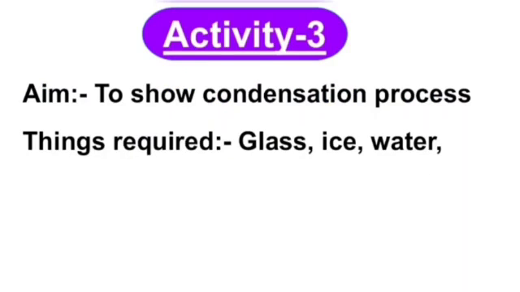Activity 3. The aim of this activity is to show the condensation process. Means in this activity we will study what is condensation. Things required are glass, ice and water.